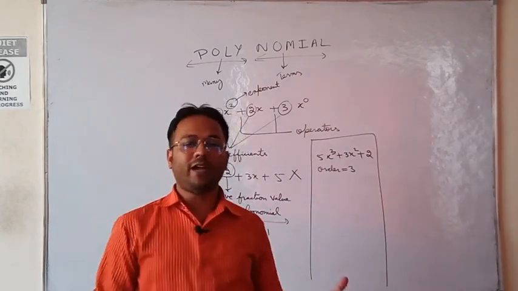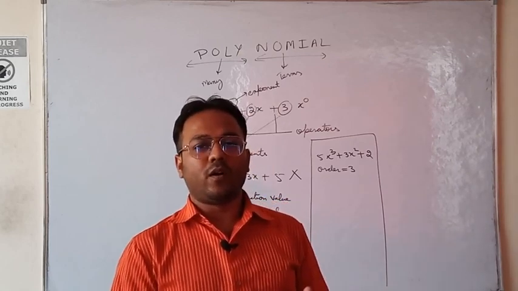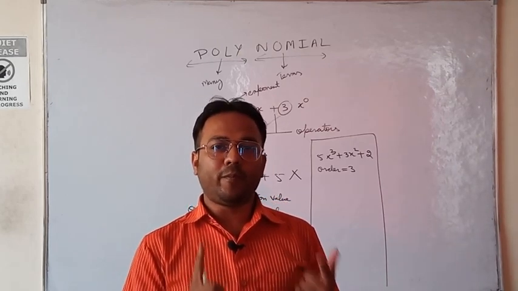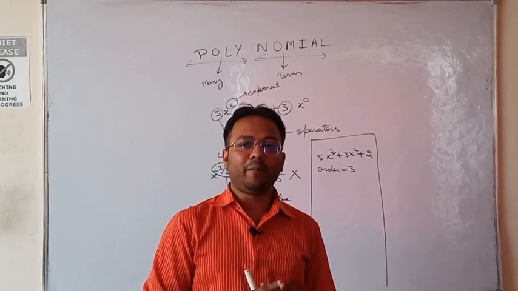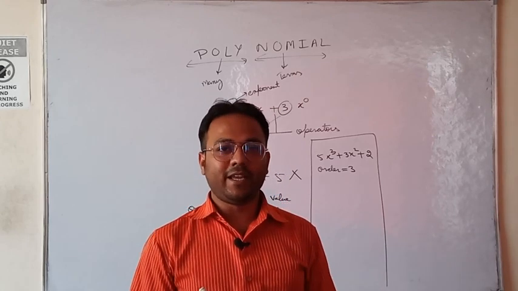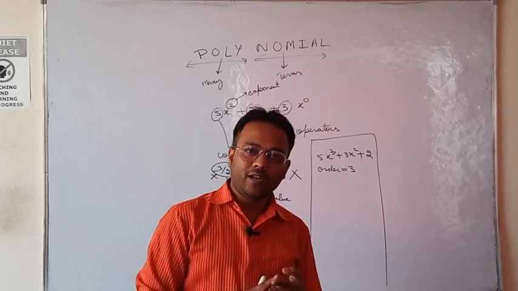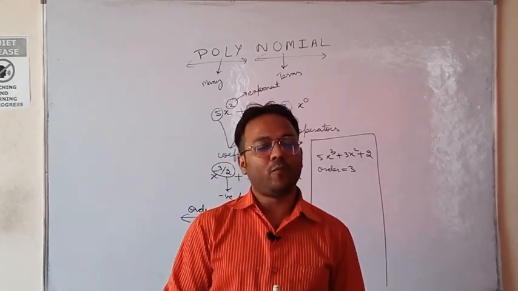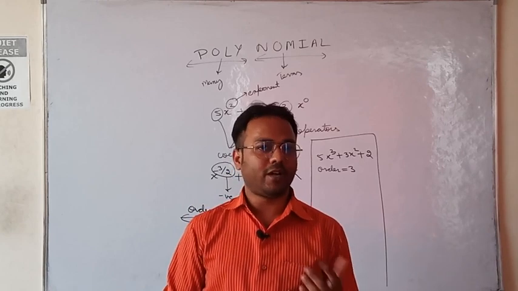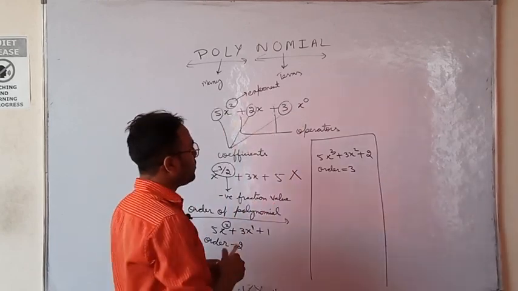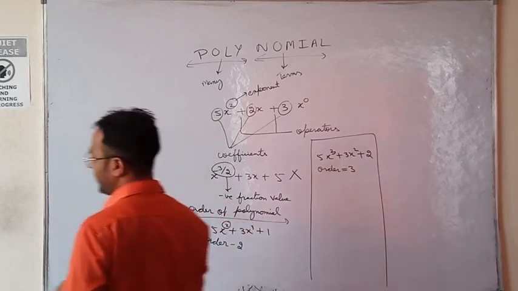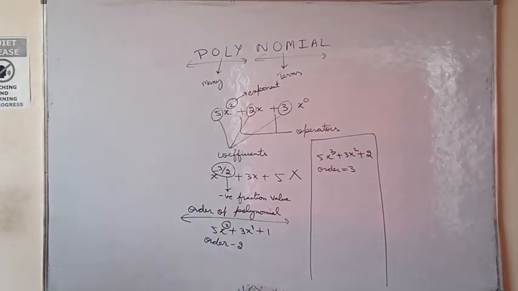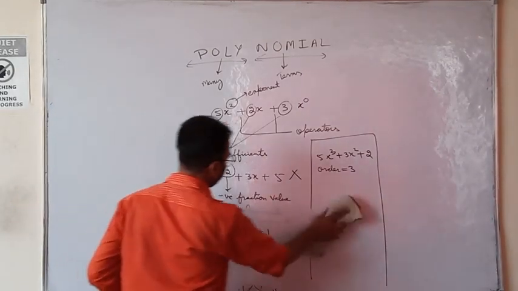Now I'm going to tell you that the naming of the polynomial totally depends on three things. One is the order, another is the variable, and the third and most important thing is the number of terms. So I'm going to tell you about the naming of the polynomial.